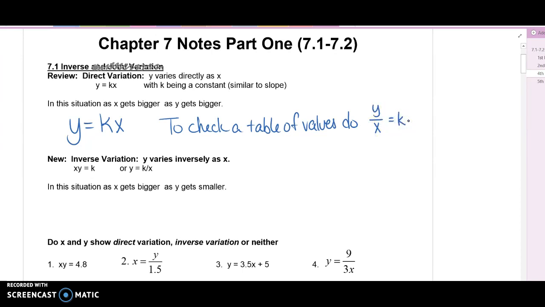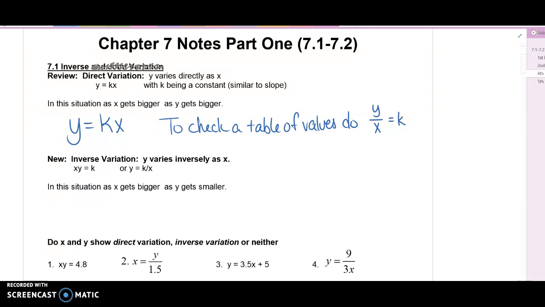So if I give you an xy table and say, does this table represent direct variation? You would take the y values divided by the x values and see if you get that same constant number every time. And all I did was take this equation y equals kx and divide both sides by x to get k by itself. So that's just rearranging the equation.